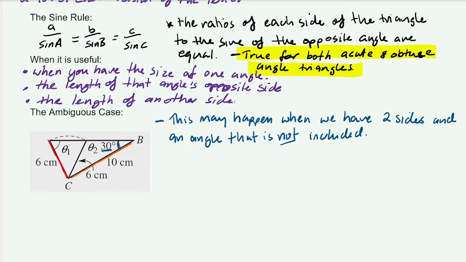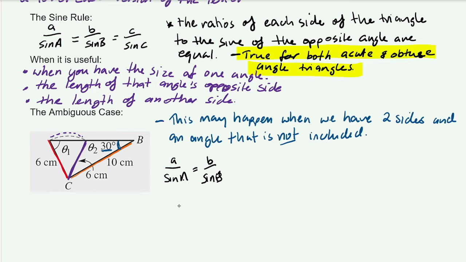We can create the extra triangle with 6 centimeters, and you can see there that it's just moved that line around, so it's kept it at 6 centimeters, and that's going to give us two potential results for theta. So if we remember our sine rule, we've got a over sine A equals b over sine B. And we can fill in some gaps now.